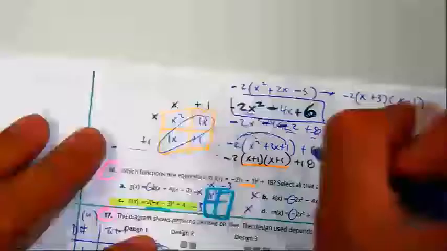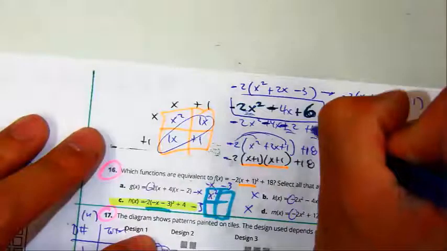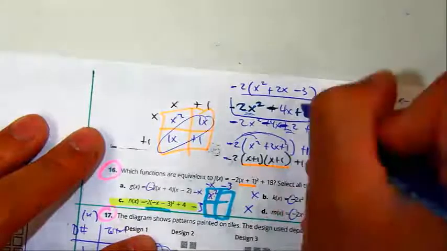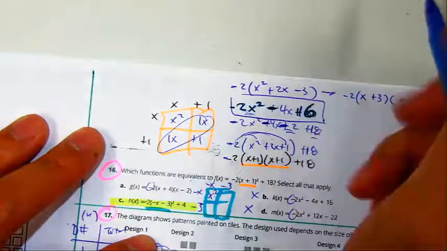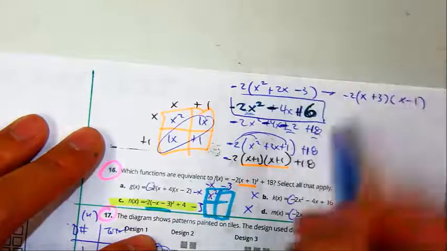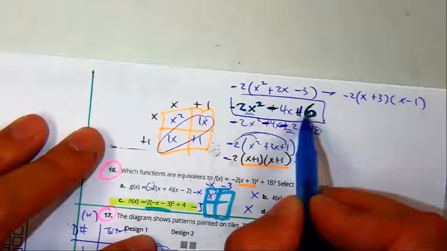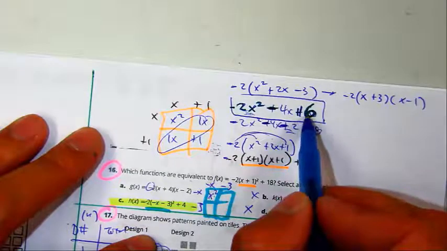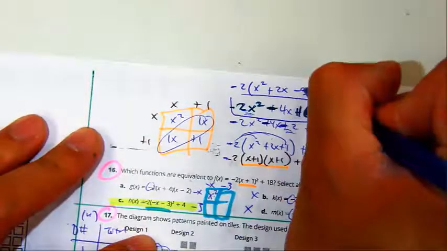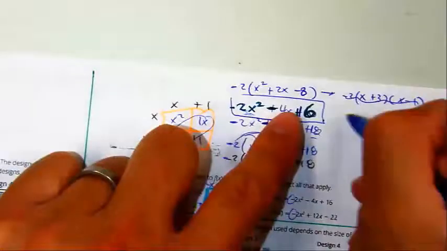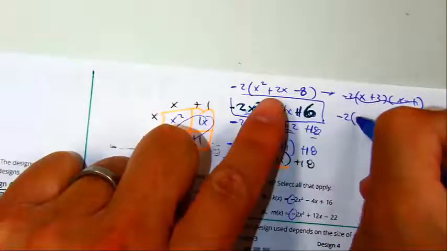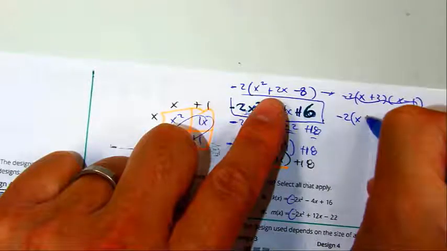Oh, plus 18. That would help, so I get positive 16 here. 16, factor out a negative 2, this would give us a negative 8. And then negative 8, this would give us a negative 2 times x plus 4 times x minus 2.